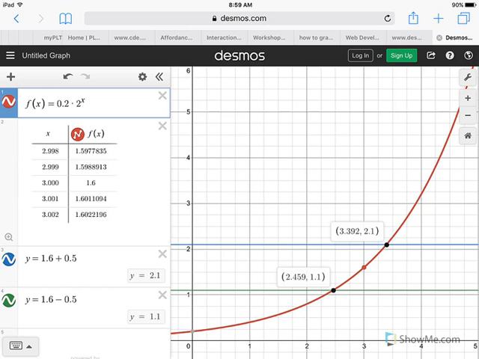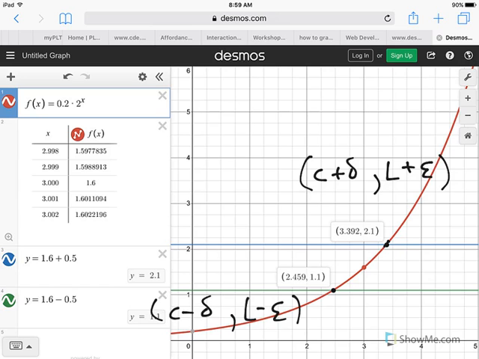Why not? So to understand why, you need to use the point L plus epsilon and C plus delta rather than L minus epsilon and C minus delta.